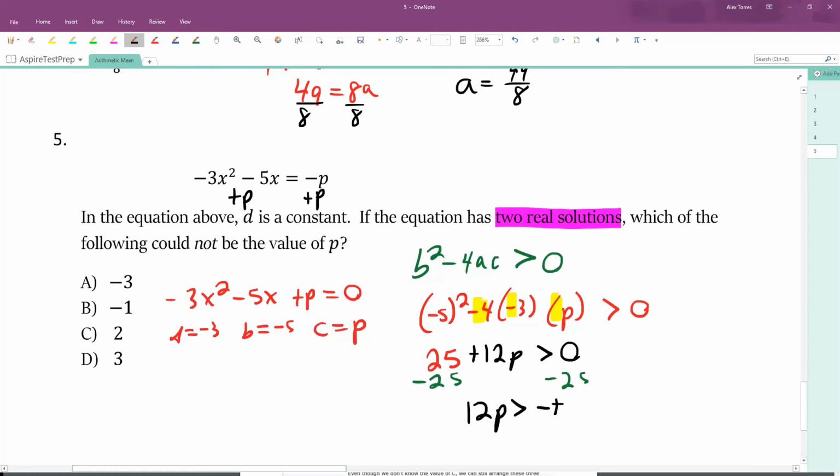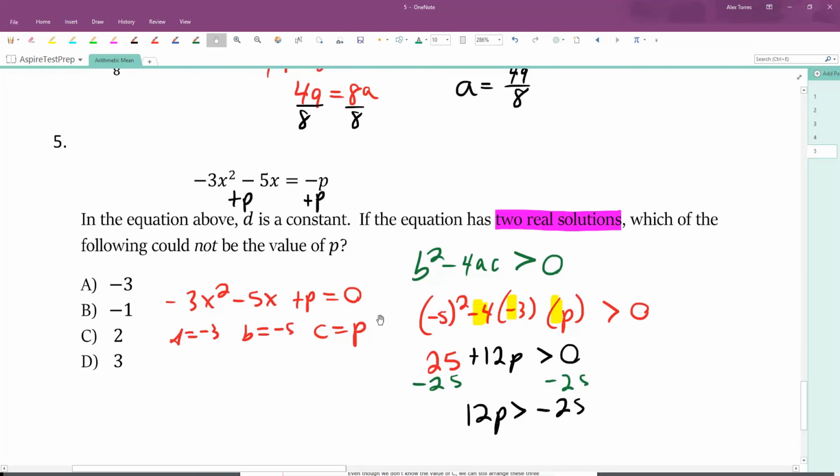Now to solve, we can take away 25 from both sides, and we have 12p greater than negative 25. By the way, with inequalities, if you multiply or divide by a negative, you flip the inequality the opposite way, but here we haven't done that. We're dividing by a positive number.